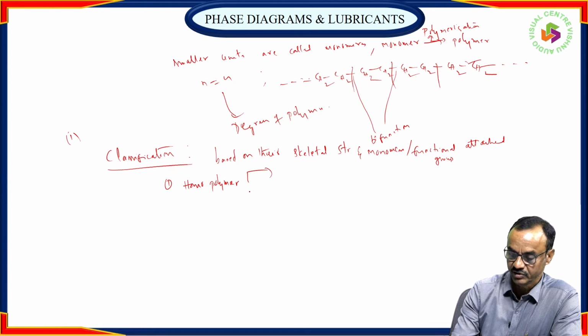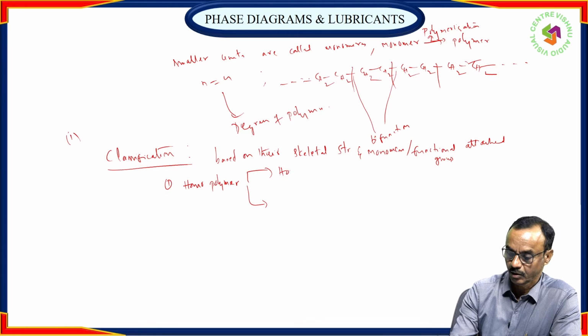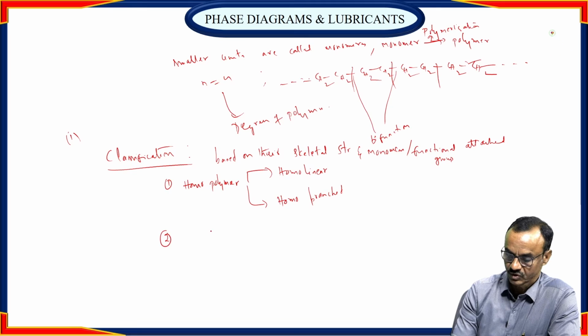Homopolymer is further divided into homolinear polymer and homobranched polymer. 2. Copolymers.